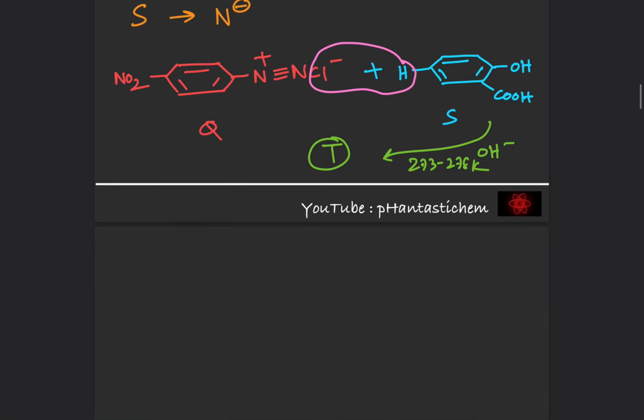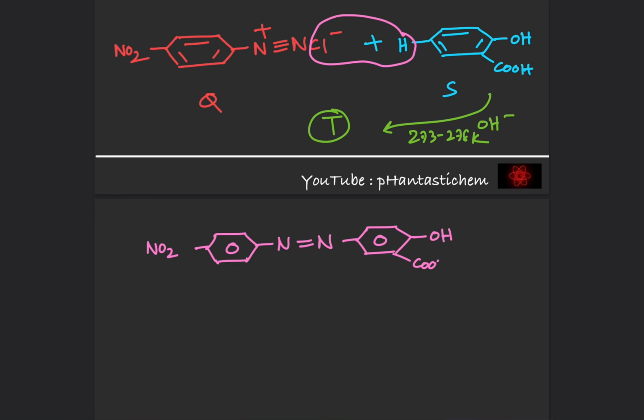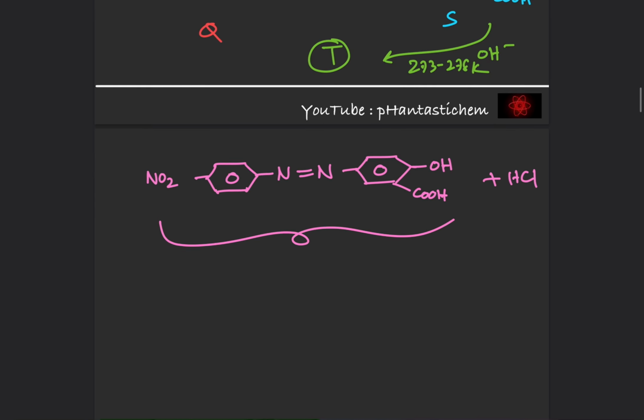So we will ultimately get T, which will look something like this. Plus HCl will be the side product. Okay, so this is my T, and this is the bright colored azo compound that I was talking about.